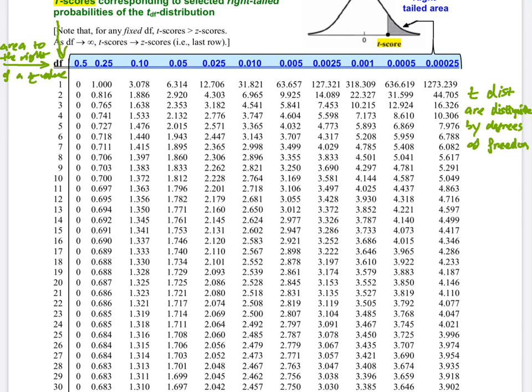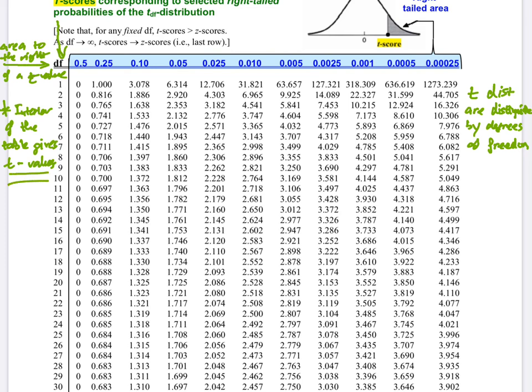And a note: the interior of the table gives t values. See how this table is different from the Z table? For the Z table, the interior of the table is probabilities. In the T table here, the interior of the table gives you different t values.